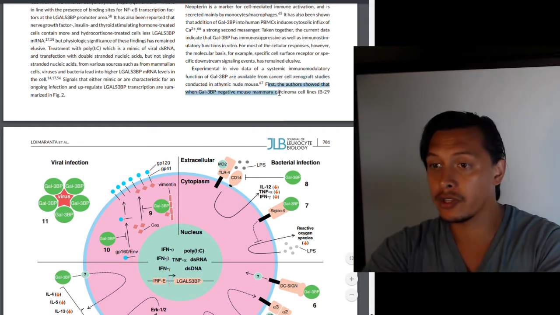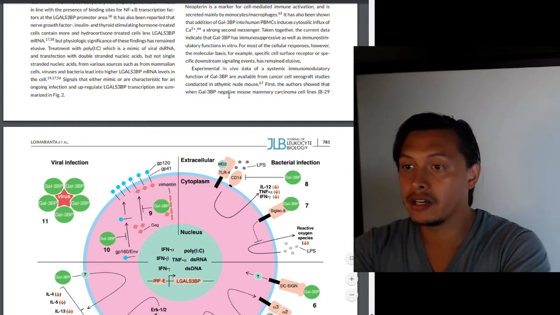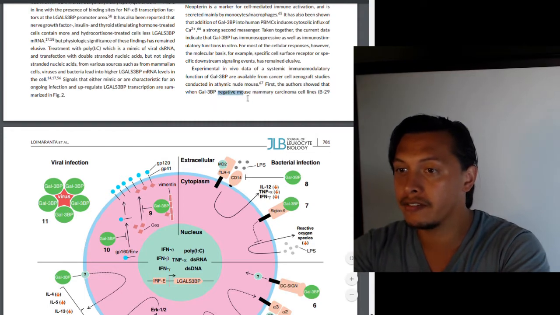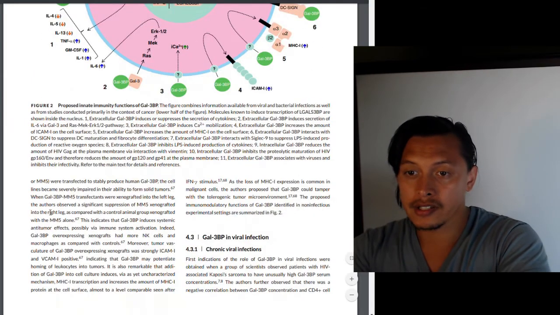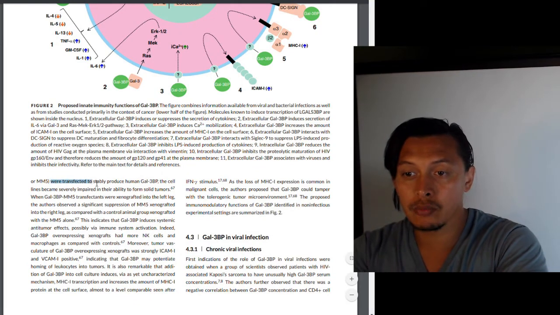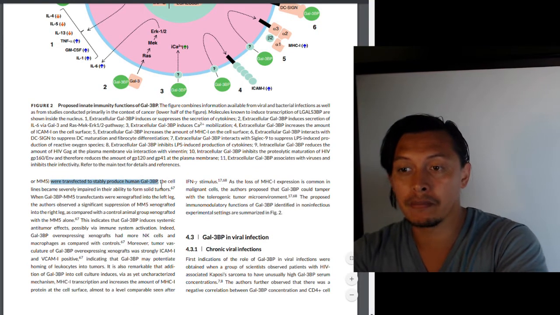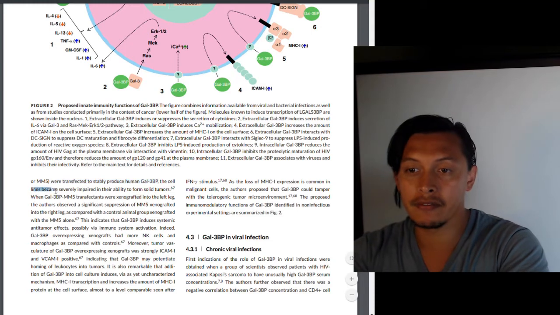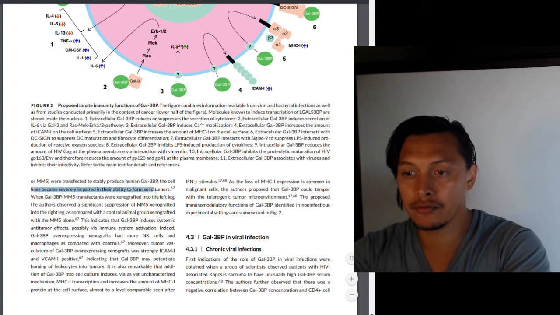First, the authors showed that when galectin-3 binding protein negative mouse mammary carcinoma cell lines, sorry, that's a lot of words, were transfected with the stably produced human galectin-3 binding protein, the cell lines became severely impaired in their ability to form solid tumors.